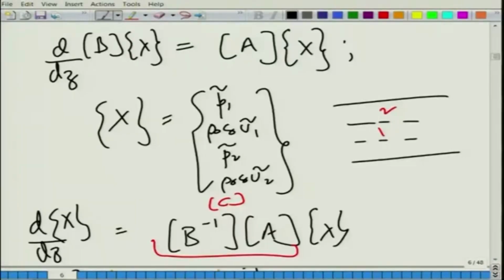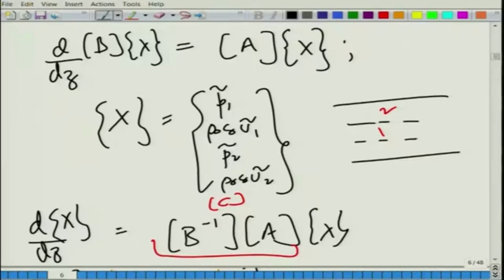Before we do that, let us just very briefly review what we had done in the last class. These were the slides for the last class. You see these equations, B dx/dt equal to A x, where x is your vector, written in this manner.